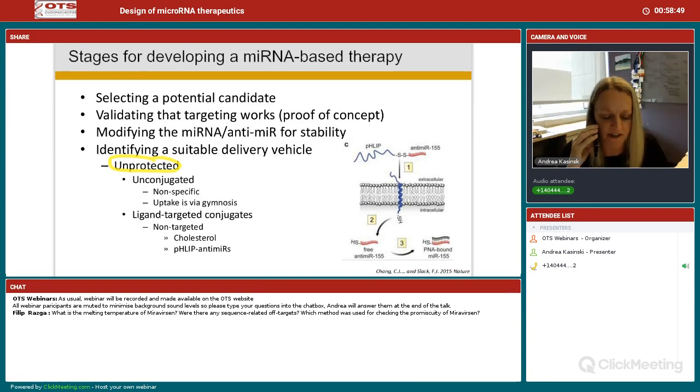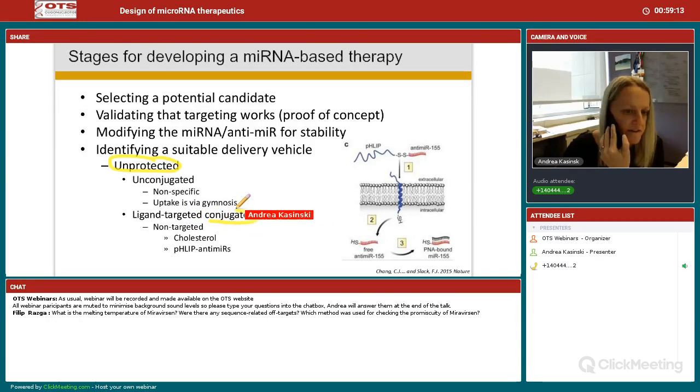And this is usually only going to be the case for anti-miRs because they can be fully modified, stabilized with these locked nucleic acids to protect them, as well as remove the negative charge so that they can freely traverse the plasma membrane.